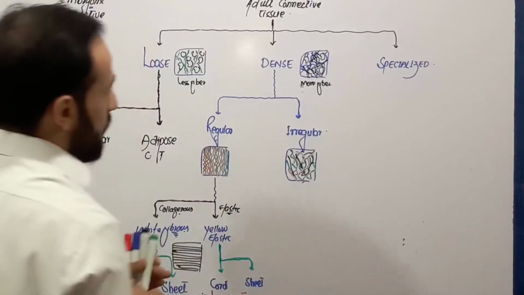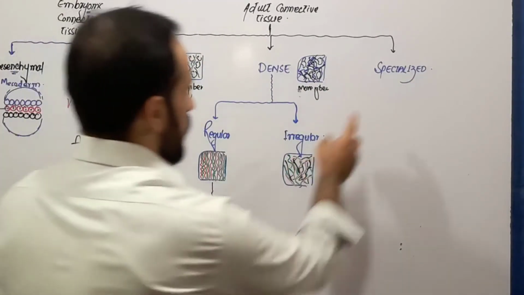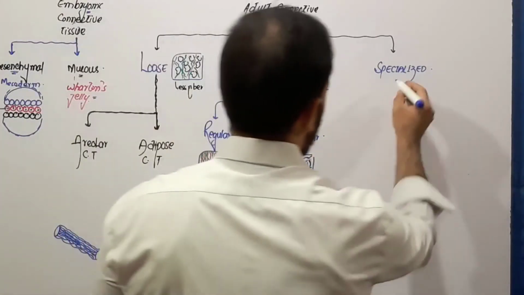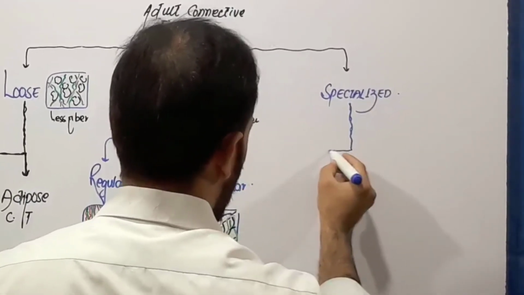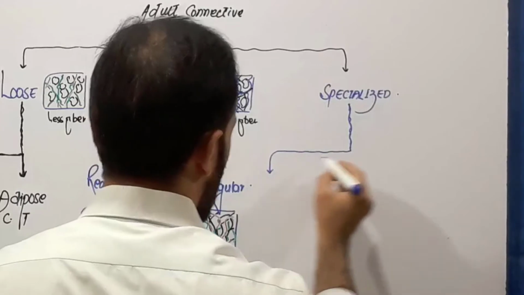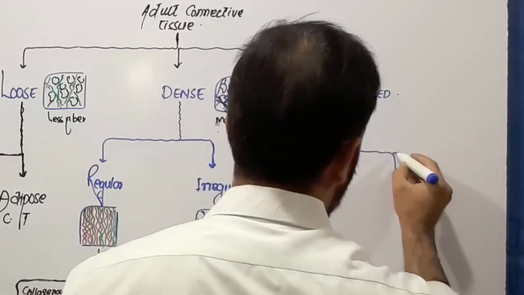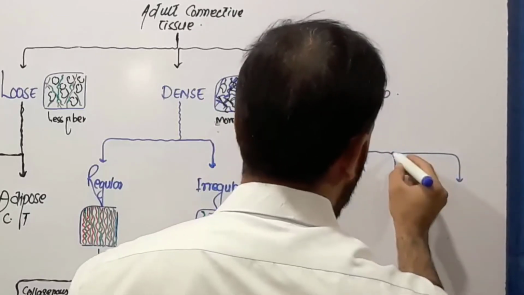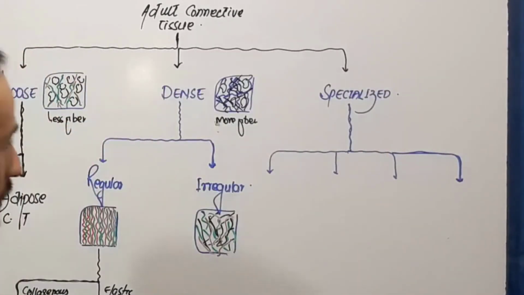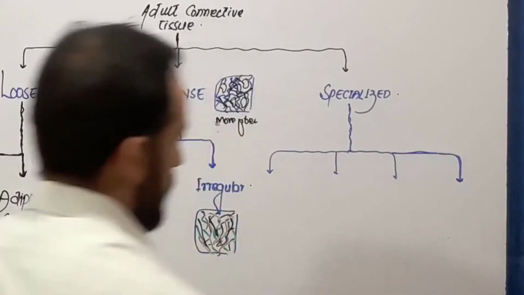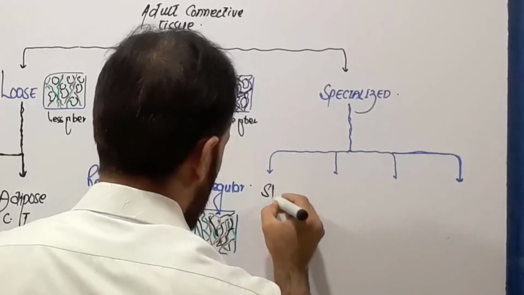Okay, now let's come to specialized connective tissue. The specialized connective tissue in our body has been classified into four classes. How many classes? Four classes, very easily. And what are their names? I will tell you right now. Look, the first one are the skeletal.